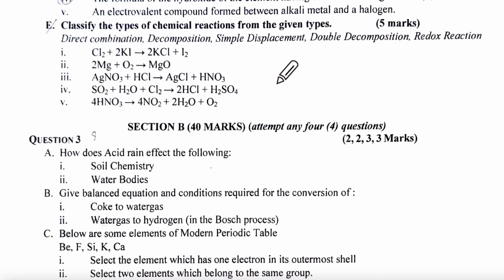So SO2, this is Cl2. Cl2 has become HCl, correct? So I can see that H has been added. H has been added to Cl.